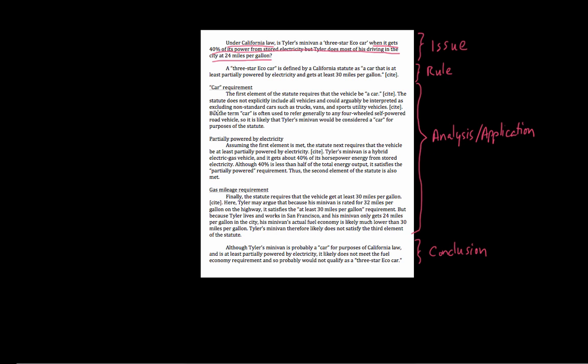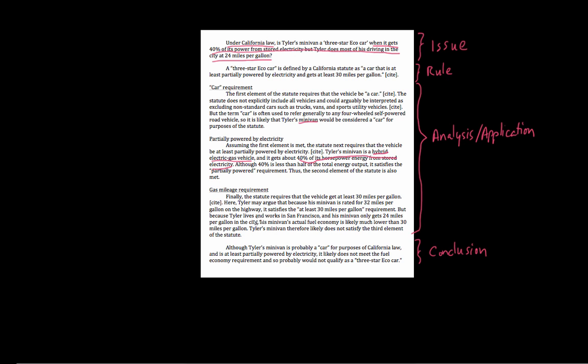So when we're talking about the car requirement, we point out specifically that Tyler's vehicle is a minivan. Likewise, when we're talking about the second element of whether it's partially powered by electricity, we note that the minivan is a hybrid electric gas vehicle that gets about 40% of its horsepower energy from stored electricity.